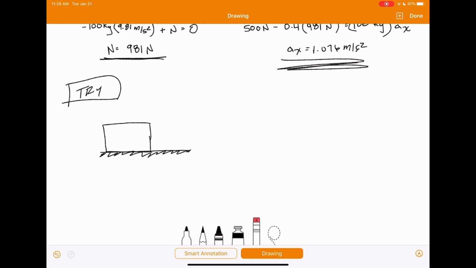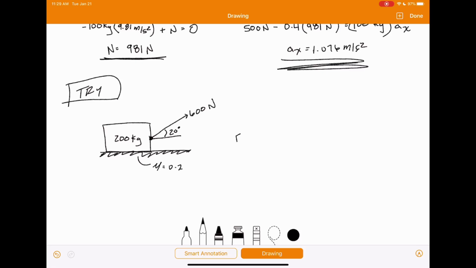The box weighs 200 kilograms, and there is a 600 Newton force being applied at a 20-degree angle, and the coefficient of friction equals 0.2.